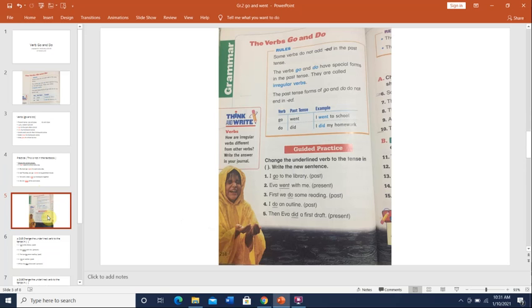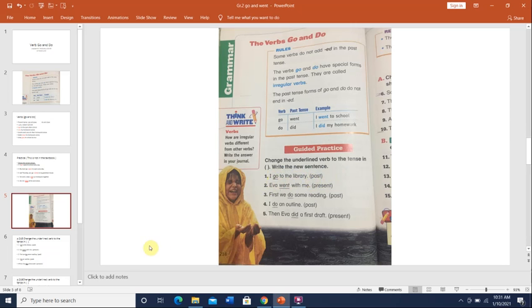So if I go to our textbook and we start answering, we will practice using the verbs in the present tense and in the past tense. What does it say here? It says change the underlined verb to the tense in the bracket. Write the new sentence. Here there's an underlined verb: I go to the library, and past. So it wants you to change the underlined verb to the past tense.